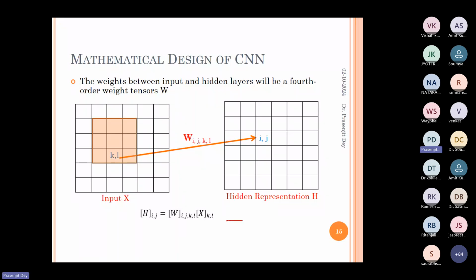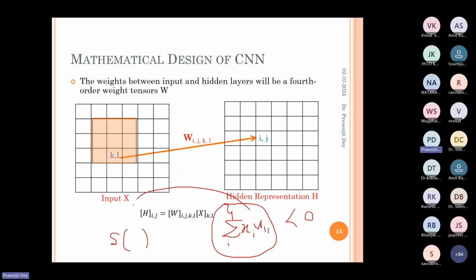Suppose your input is xi, w1i. If this value is less than 0, in that case the output of this will be 0.